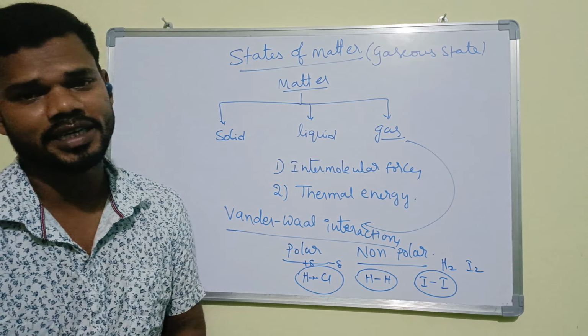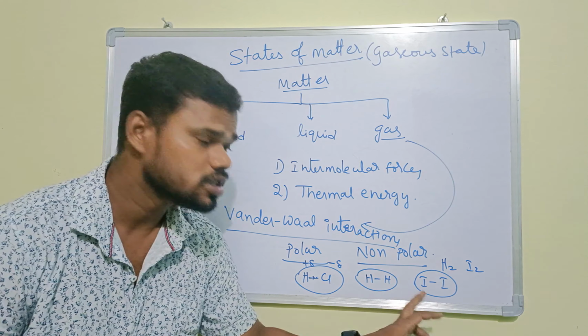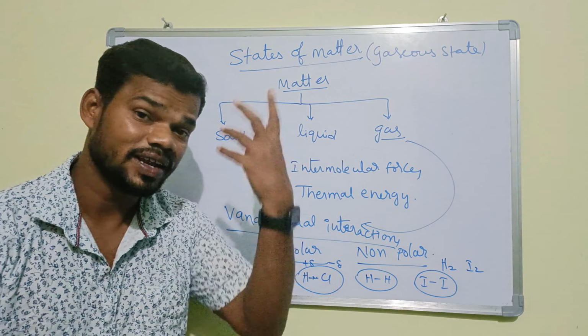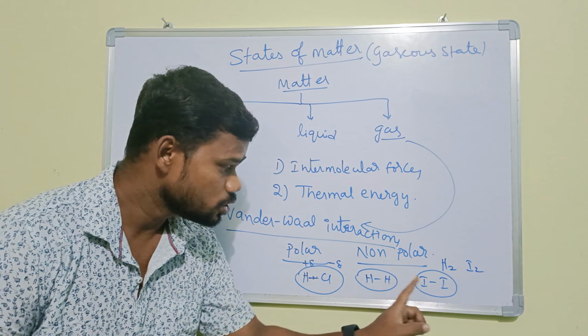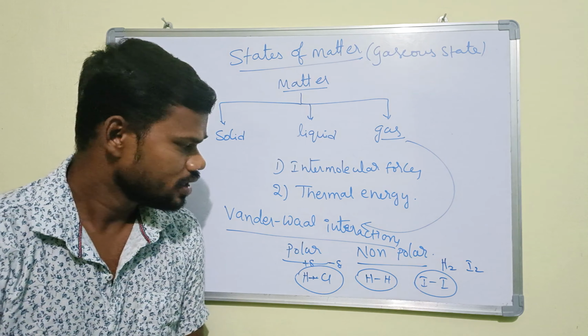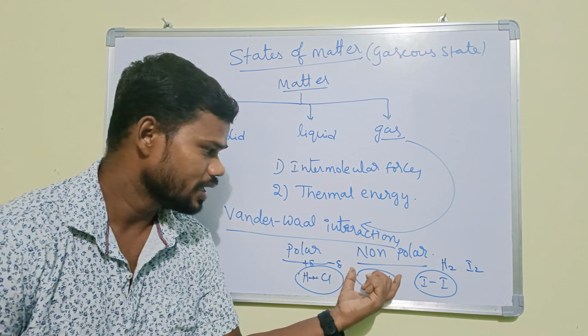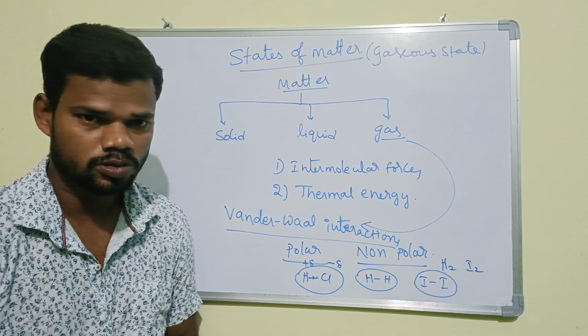There is no polarity in an H2 molecule or an I2 molecule. But these molecules can get polarity when they interact with another molecule. So these are non-polar molecules, and we can take them as examples for these cases.